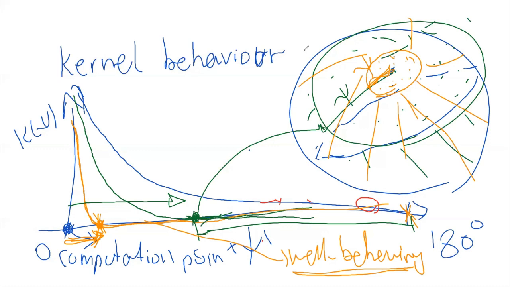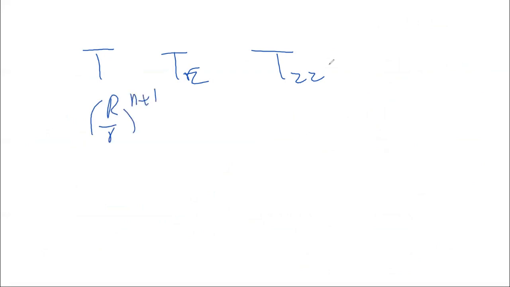Now let me explain the difference between the first, second, and third order derivative. For example, if I have T, I have Tr and Tz, Tr is the same. And here I have this factor R over r. This is smooth.